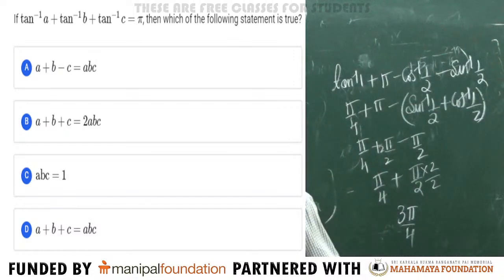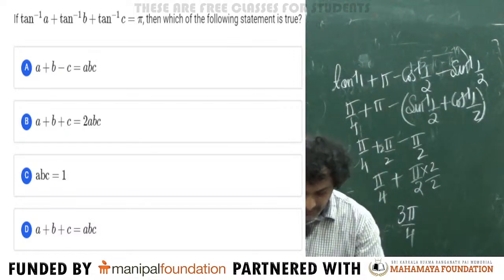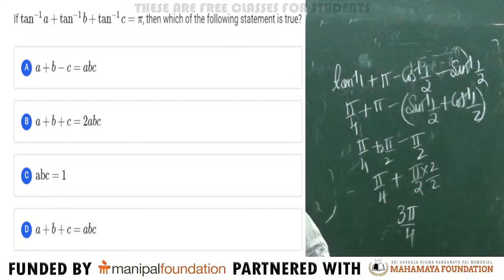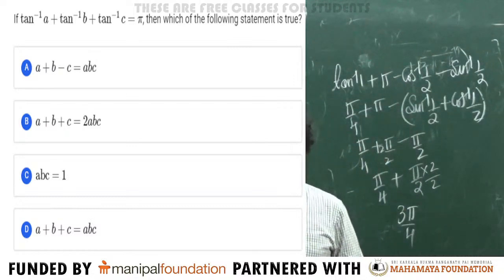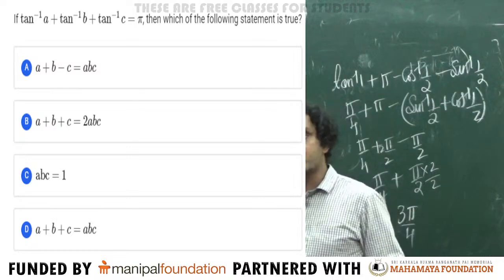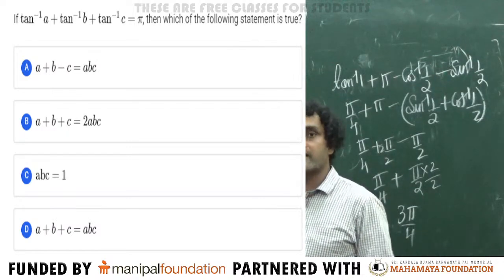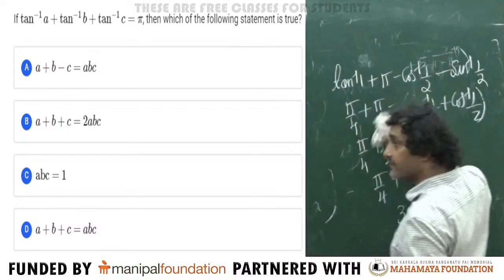Next one, this one I'll do it in a little different way. You never had the shortcut for tan inverse x plus tan inverse y plus tan inverse z, which is tan inverse of (x plus y plus z minus xyz) divided by (1 minus xy minus yz minus xz). I'll put that for you, wait.